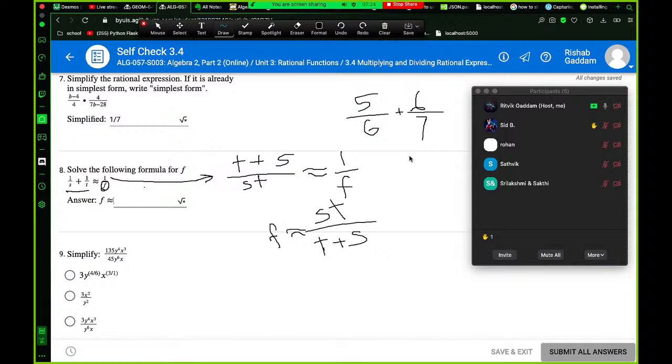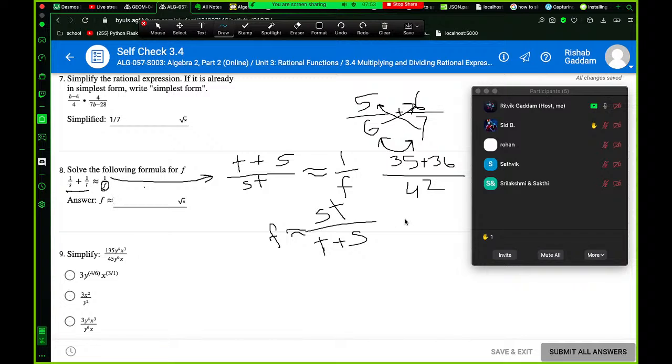That's a 6 and this is a 7. So we would normally multiply these two, if that's the least common denominator. So we get 42. We need to multiply this over here, so we get 35 on that side. And we need to multiply this over here, so we get 36.